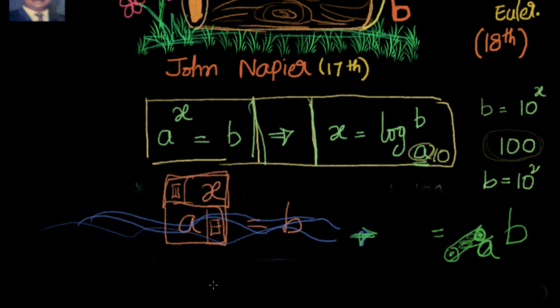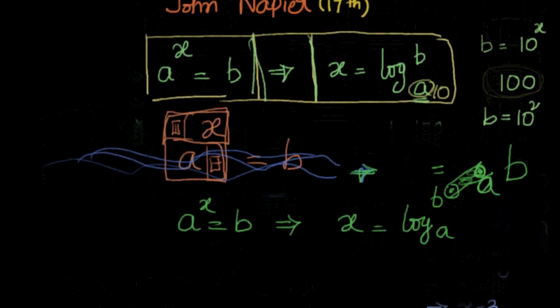This is nothing but a to the power of x equal to b will become x is equal to log b to the base a. Now you can ask me how you will go back. Pretty simple. Once the rain is over, the flood is over, he doesn't need the support anymore.